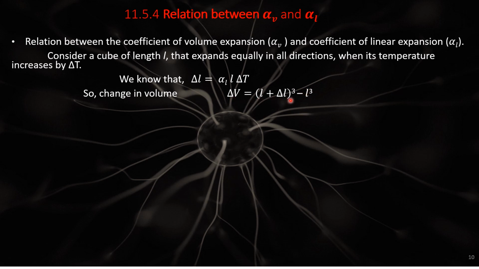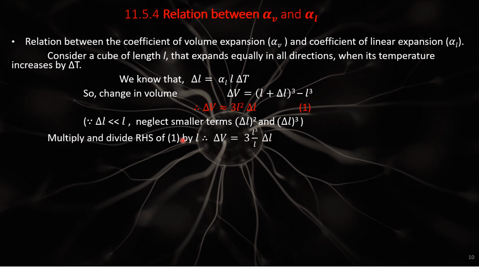So, using the formula a cube minus b cube, expanding and neglecting the smaller terms, we get delta V approximately equal to 3 L square into delta L, where L square is the original length squared and delta L is the change in length. Let it be equation 1. Here we have neglected delta L square and delta L cube because delta L is much smaller than the length L.